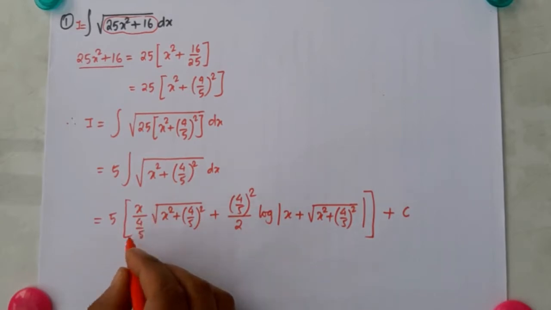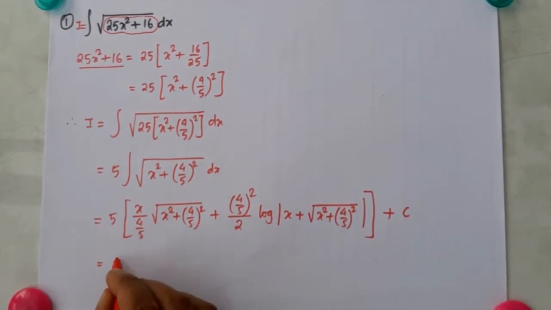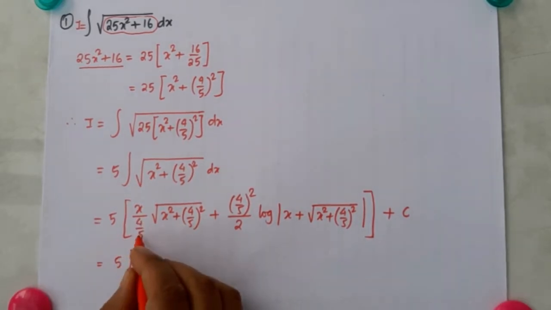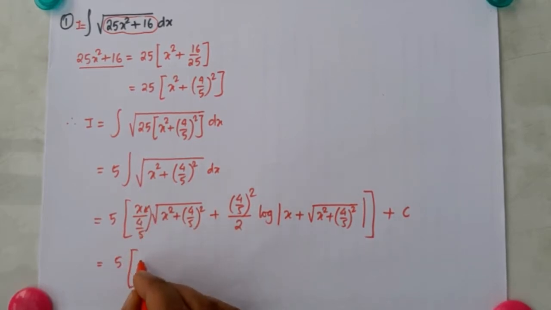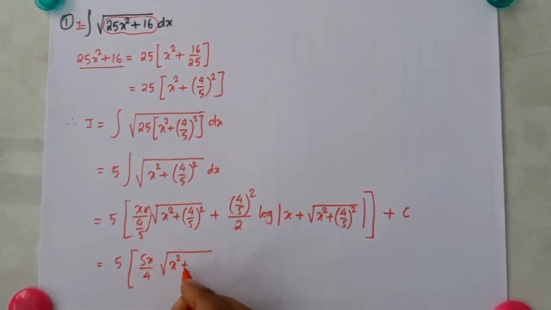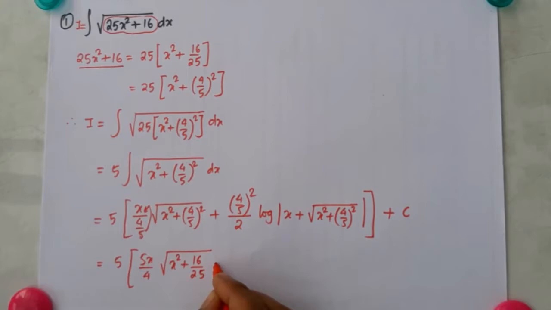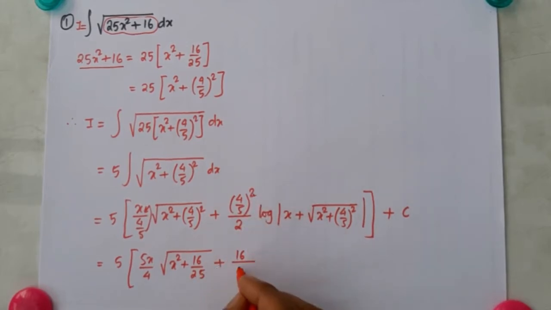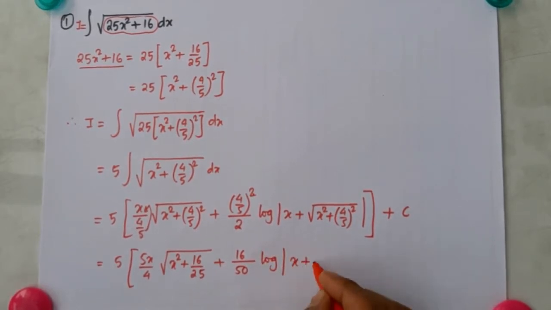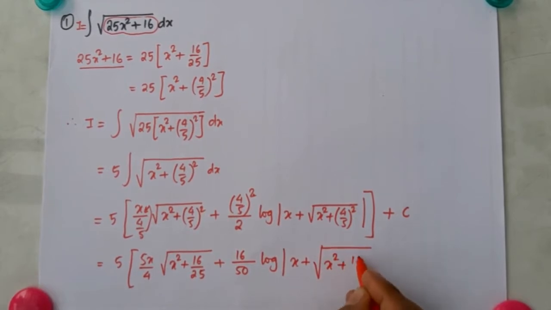Now this can be simplified further. The 5 goes to the numerator here, so it becomes 5x by 2 times the square root of x square plus 16 by 25, plus 16 by 25 times 5 by 2, which becomes 8 by 5, log of modulus x plus the square root of x square plus 16 by 25, with the constant of integration.